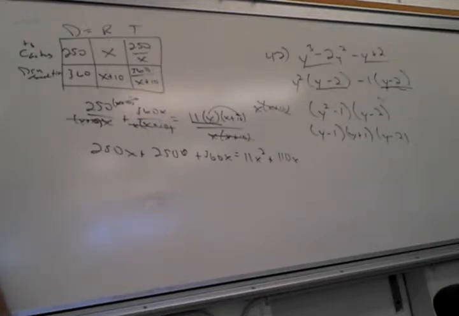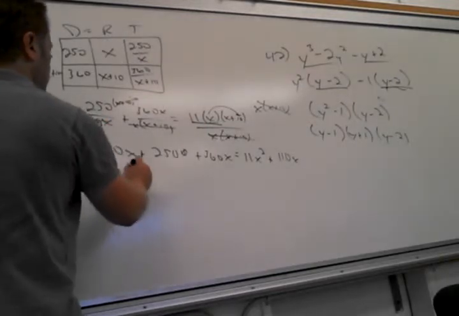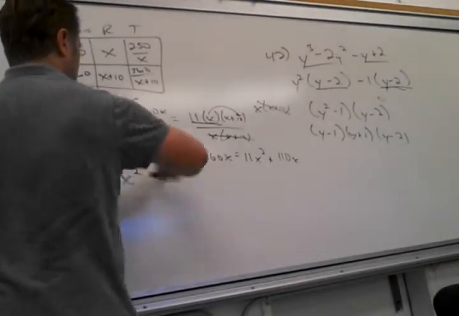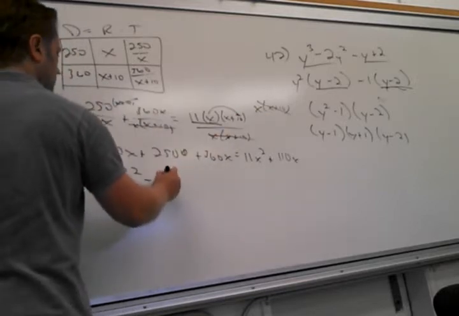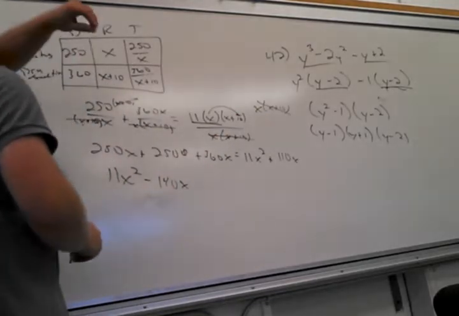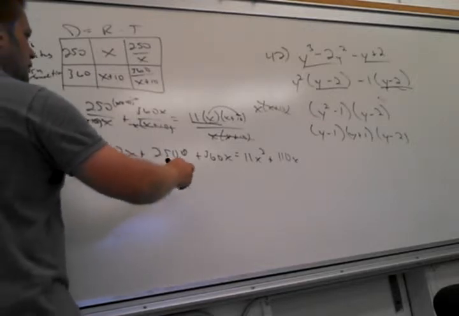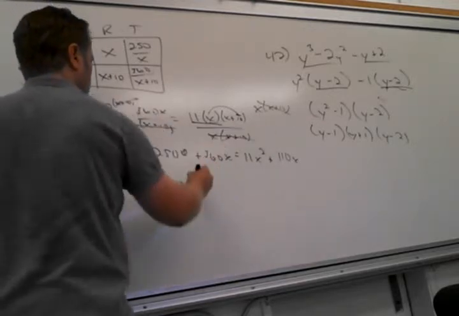And of course, here I have to do what? Get everything on one side because of the equal sign. With a squared term, I've got to get everything on one side and try to factor it. That's how I handle when there's a higher power on there. So then I get 11x squared plus 110x minus 250x, minus 2500.